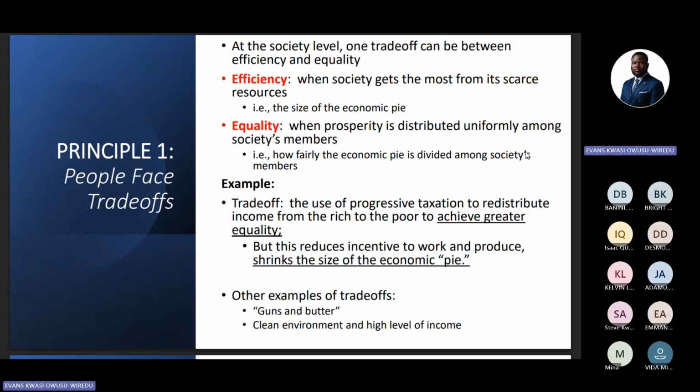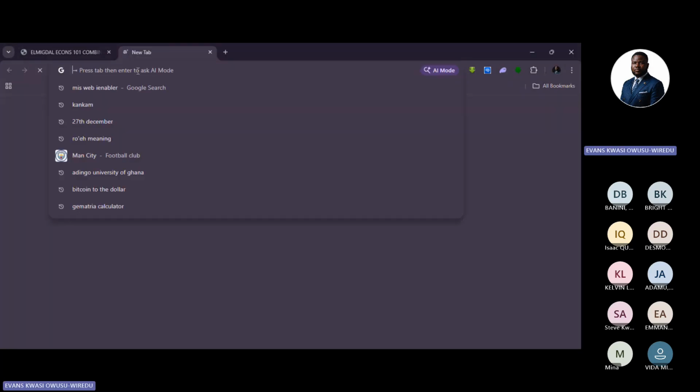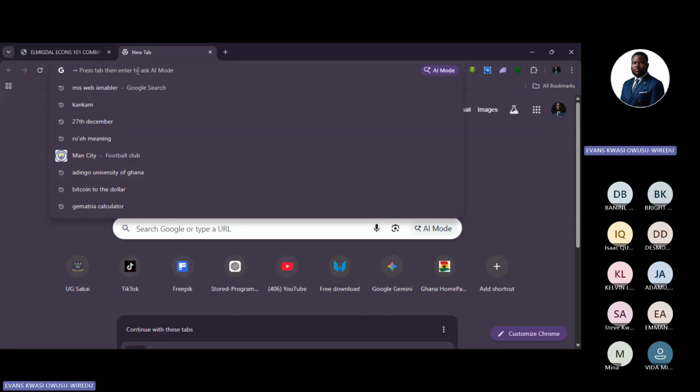Let me see if I can get some. Why is my mouse, I think my battery. Oh Lord. Okay, can you see my screen? What's the name of this one? Pizza, right?